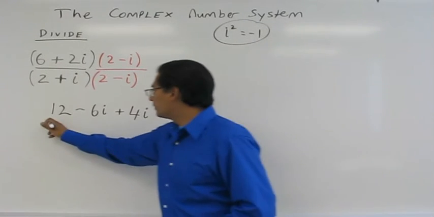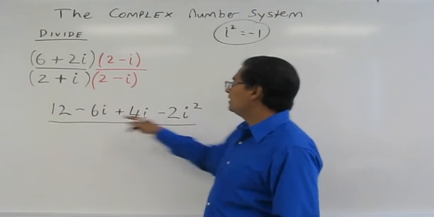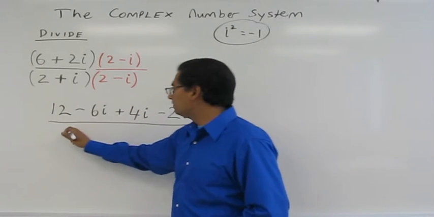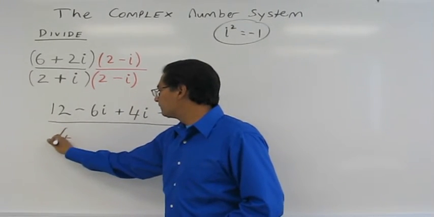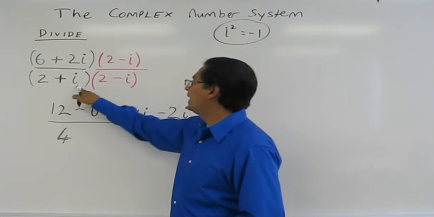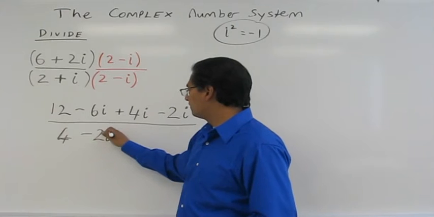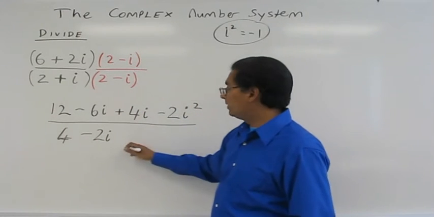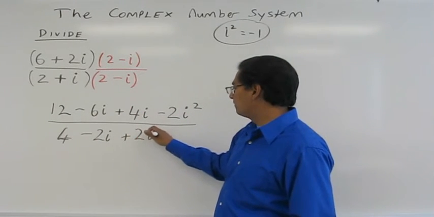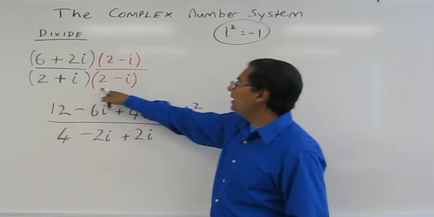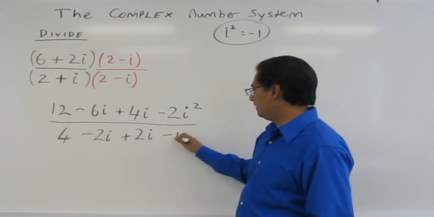And on the bottom, we're going to have 2 times 2 is 4. And 2 times negative i is negative 2i. 2 times i is plus 2i. And i times negative i is negative i squared.